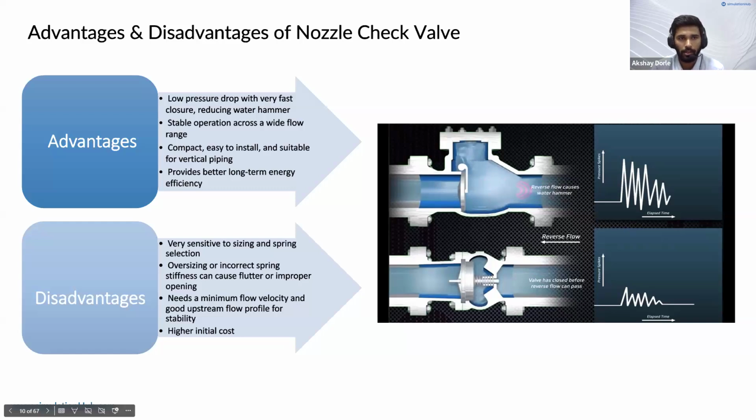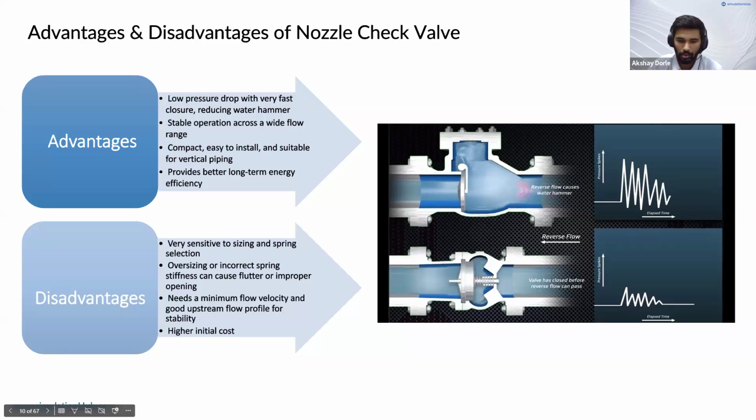Second is that it's very compact. It's suitable for various orientations. You might not be able to use swing check valves in, say, vertical applications, or when the pipelines are inclined.